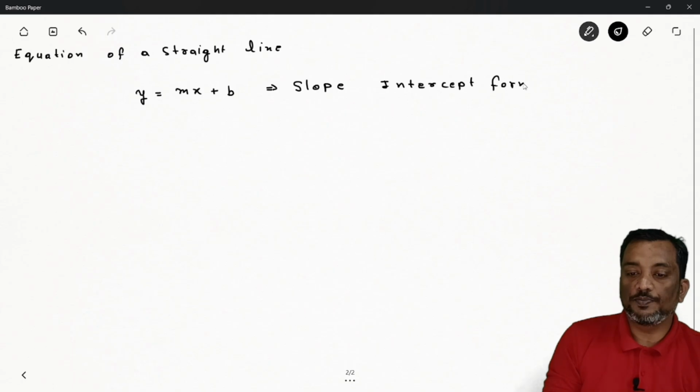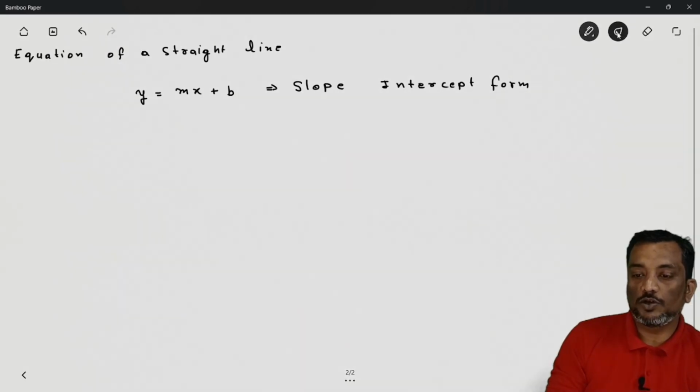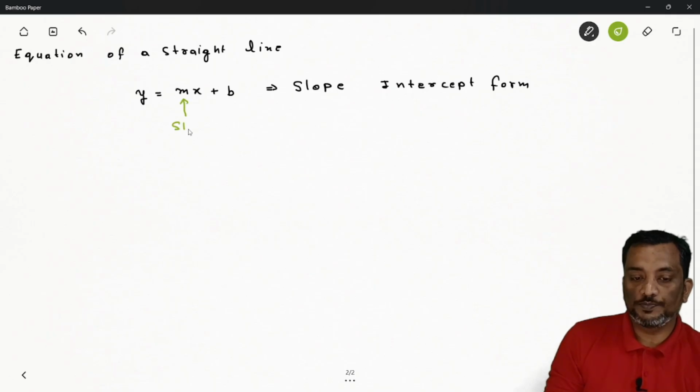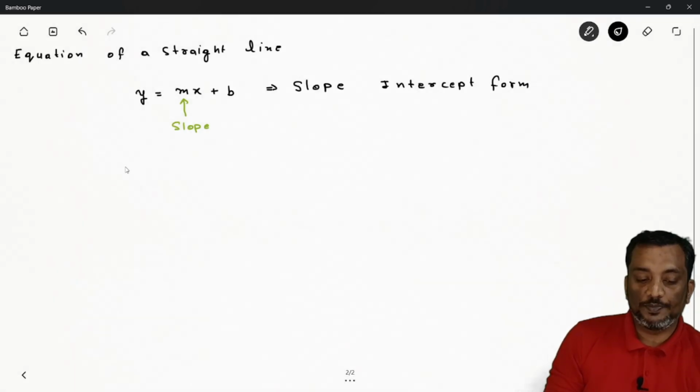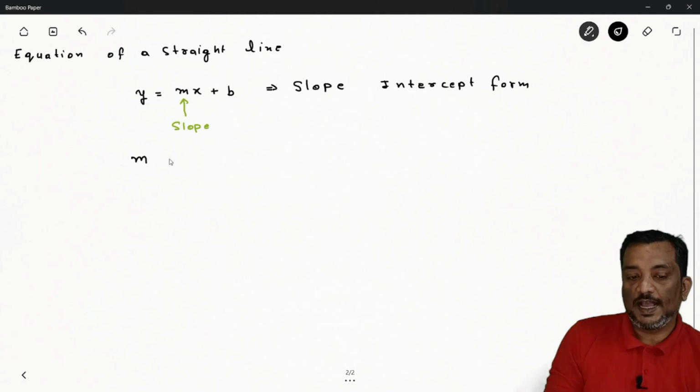Now here, one thing you have to always remember: m is called the slope. m is basically used to find the slope of the line. So how can we find the slope? Simple, m is equal to change in y-axis over change in x-axis.